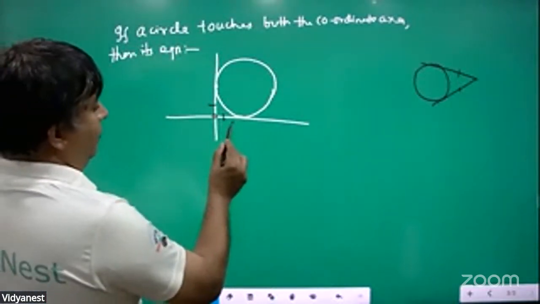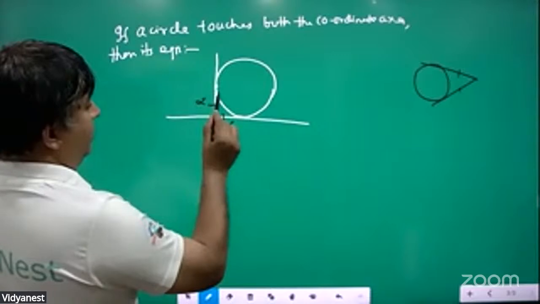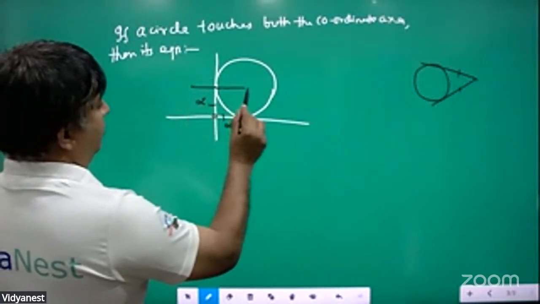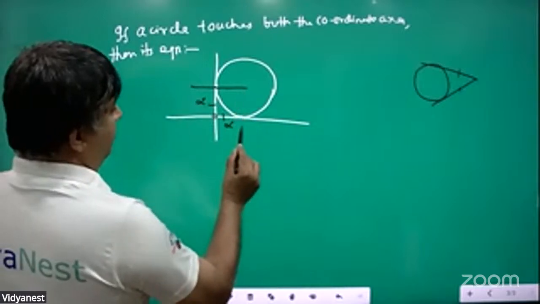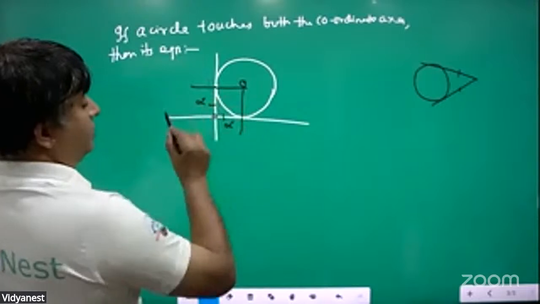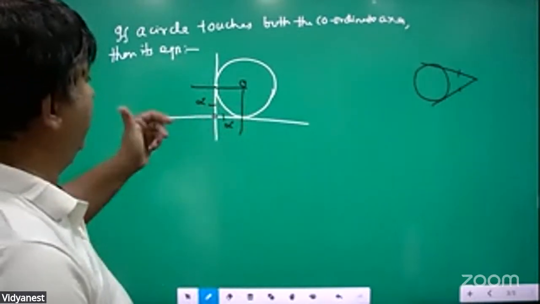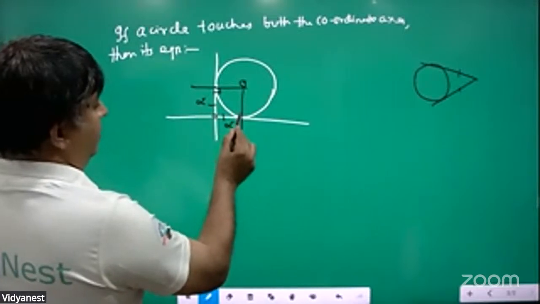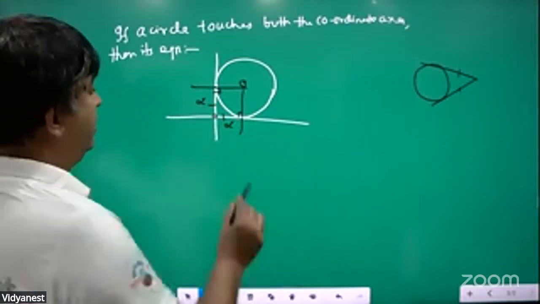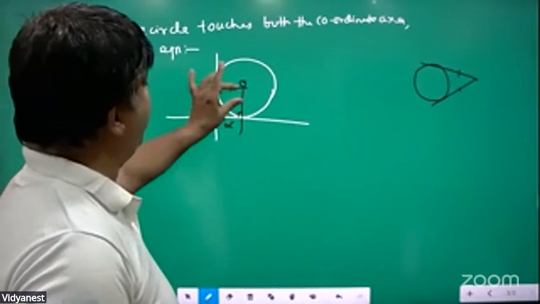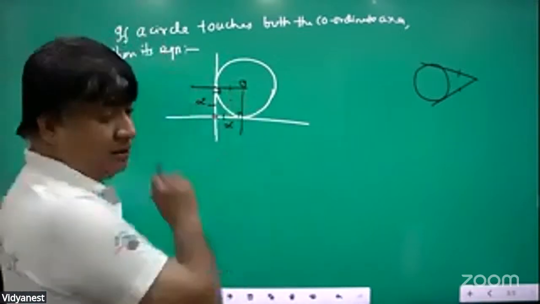Now, this is alpha, I am letting. Now, from here you drop a perpendicular, from here you drop a perpendicular. Perpendicular means where? At the center. Why? Because we know that radius and tangent are perpendicular to each other. So this will be considered as radius, and radius means at the center of the circle.